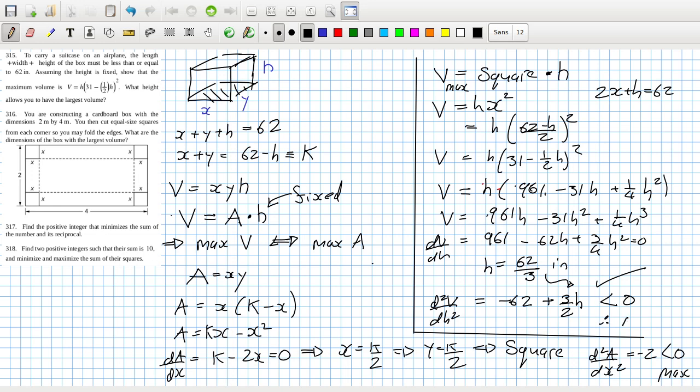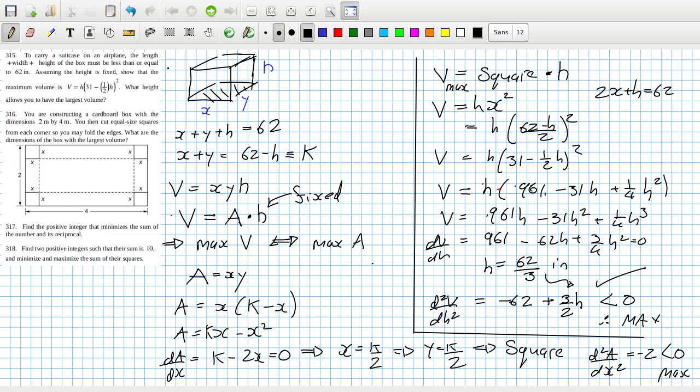So therefore, a maximum. Interestingly, the height is 62 over 3. Yeah, okay. Let's have a look at 316 now.